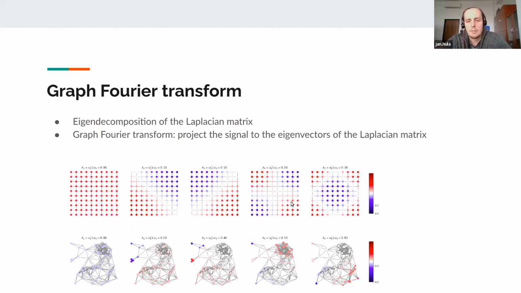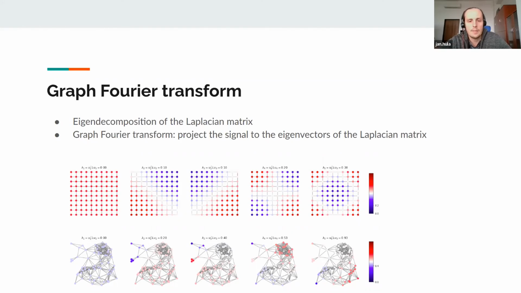This is the same as in the classical Fourier transform, like two-dimensional sines and cosines. If you change the graph, you will not see this simple structure, there will be something else. But the idea is similar: these eigenvectors play the role of sines and cosines, and to do the Fourier transform, you just project the signal onto these eigenvectors.